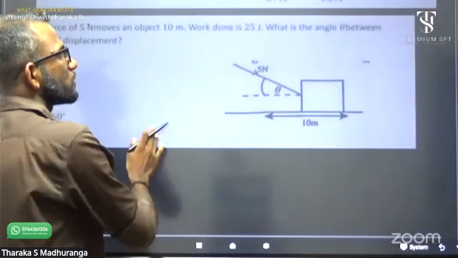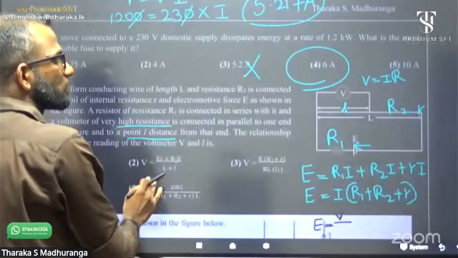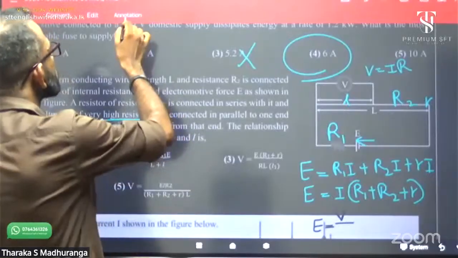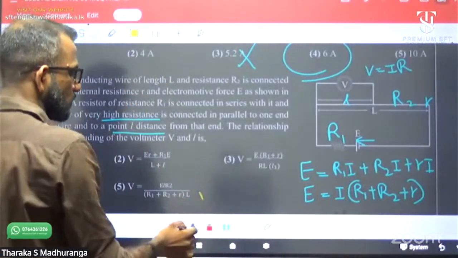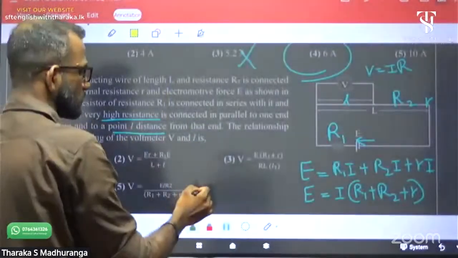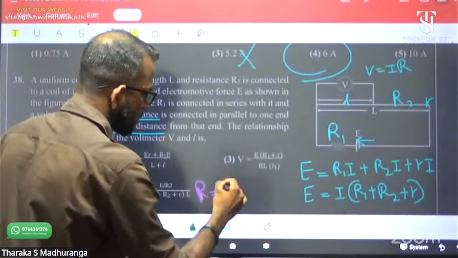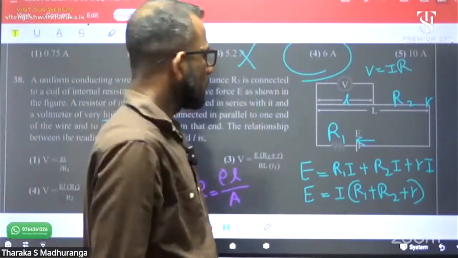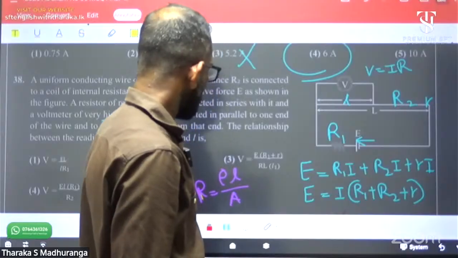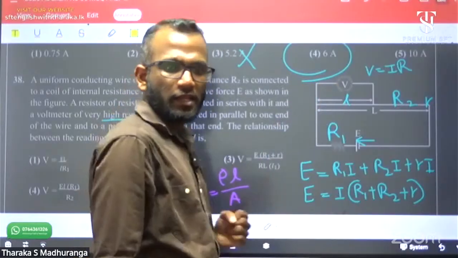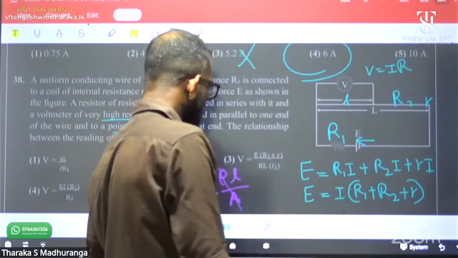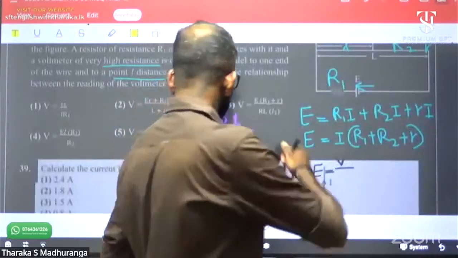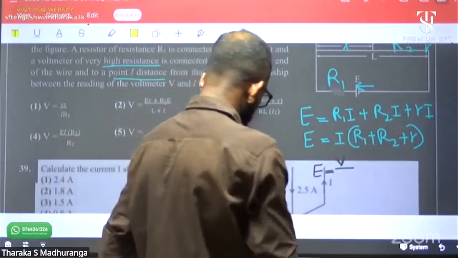Okay, now okay. Now R equal rho L over A, right? Now the cross section area is the same. Also the same material, so rho is also the same. Therefore, we don't need them. Instead of R, I can write L. Let's put that in, okay?